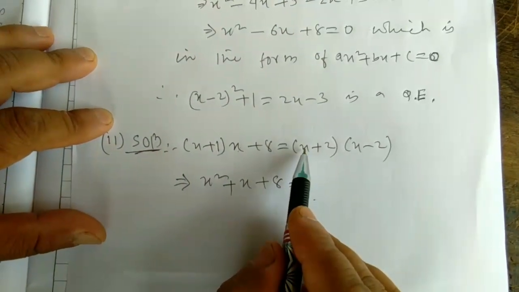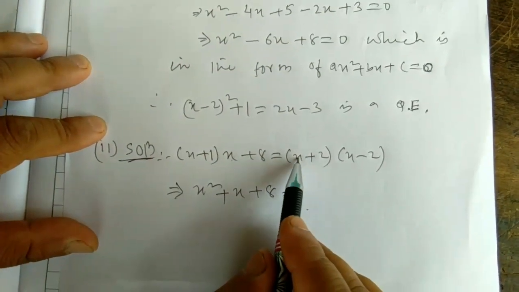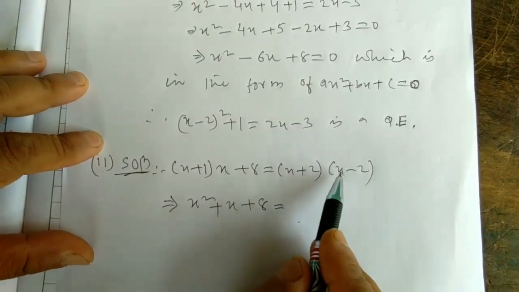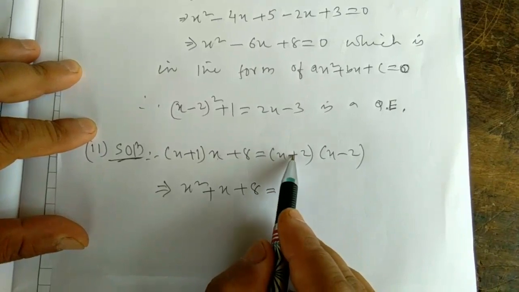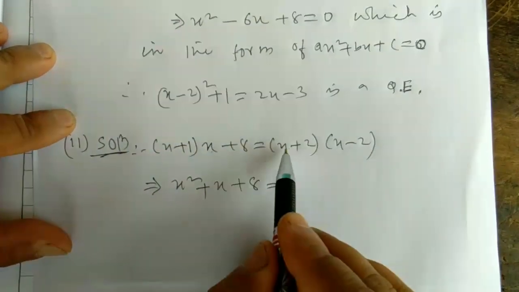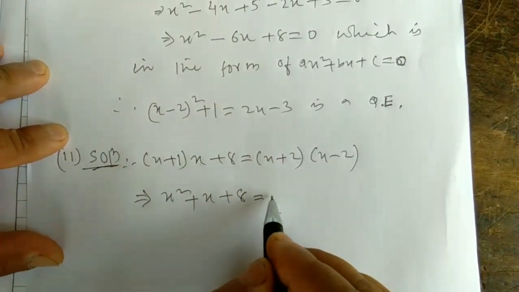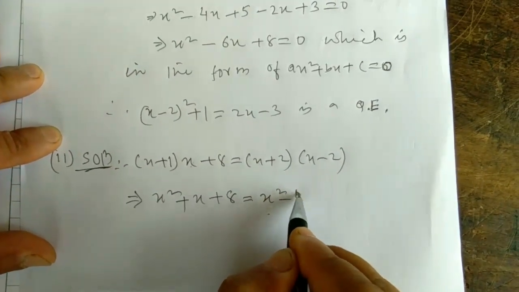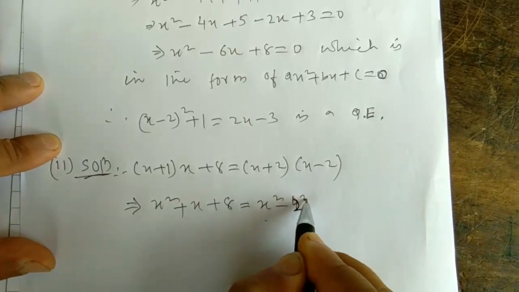Then this is your a, here it is x, here also x. So take the first term as a, second term as b. Here it is plus, here it is minus, so you can apply the direct formula: (a plus b) into (a minus b) is a square minus b square.